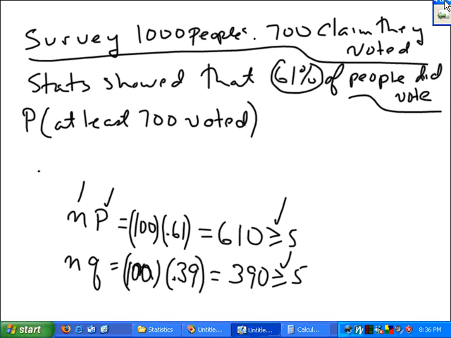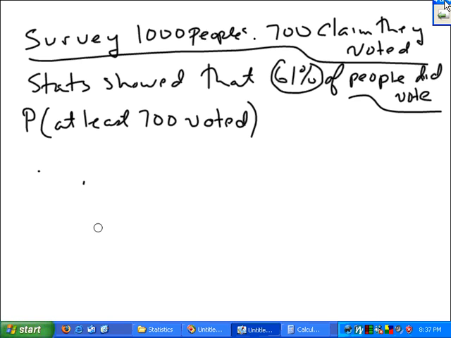In fact, they're both a lot more than 5. So we are allowed to use the normal distribution to approximate the answer to this problem. So, normal distribution, let us get our table. It would be good if I stopped erasing what mu is. Remember, mu is n times p.